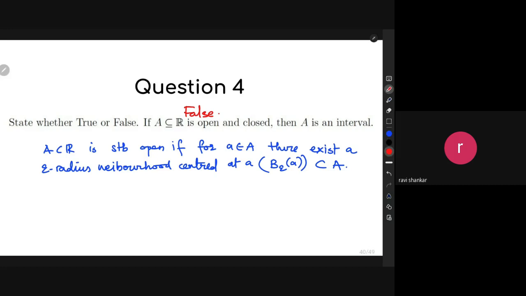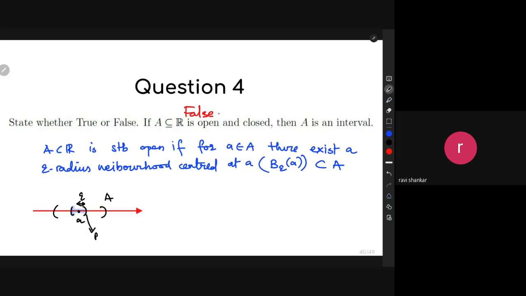What do I mean by that? I mean simply that if you think of the real line, and this is your subset A, and this is your point a in that subset, you can always find an epsilon radius neighborhood which is completely sitting inside A. This is centered at a, and this radius is epsilon.